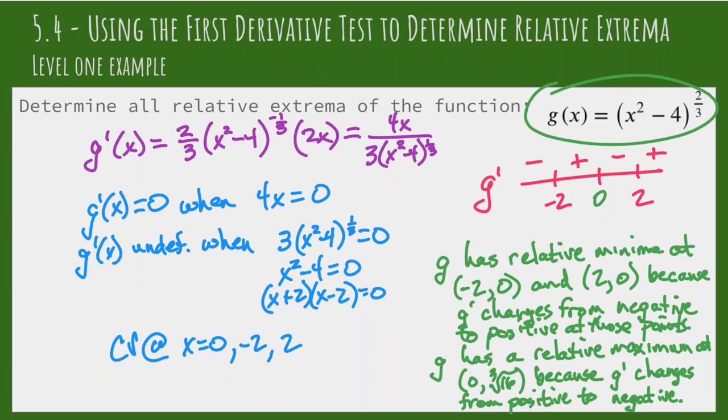Again, notice that we're saying G prime changes from positive to negative, which implies that G changes from increasing to decreasing, and that gives us a relative maximum.